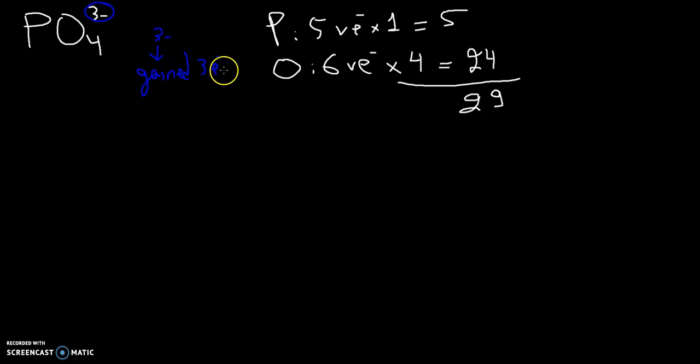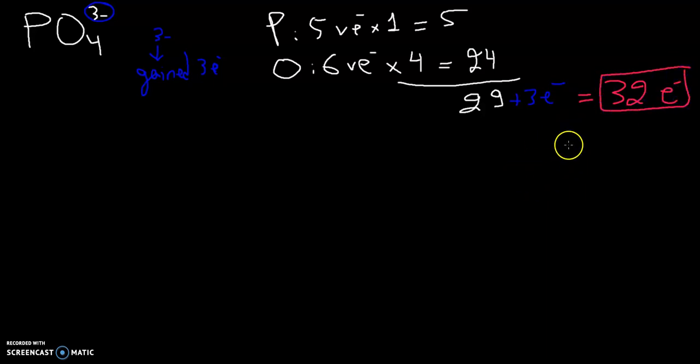So I should add these gained 3 electrons to my total. So my total would be 32 electrons to be distributed. I divide this by 2 to get the number of pairs. I have 16 pairs of electrons.